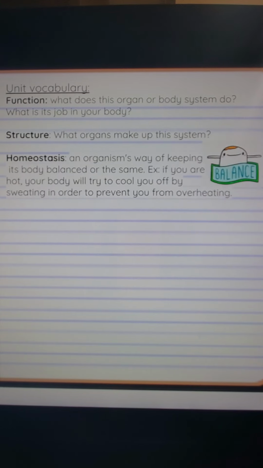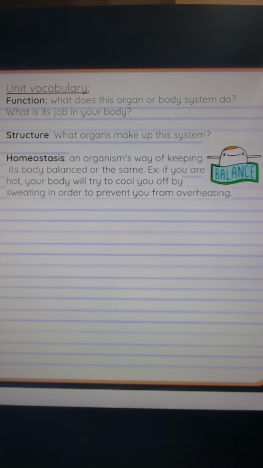And then another really important word that I know I've mentioned before, but is really important in this unit, is the word homeostasis. It says it's an organism's way of keeping its body balanced or keeping it the same. So for example, if you're hot, your body's going to try to cool you off by sweating in order to prevent you from overheating.